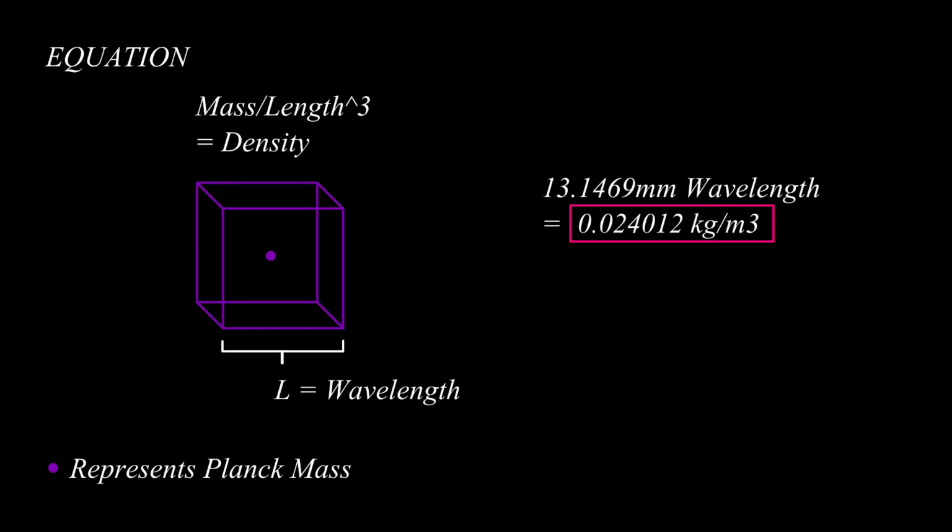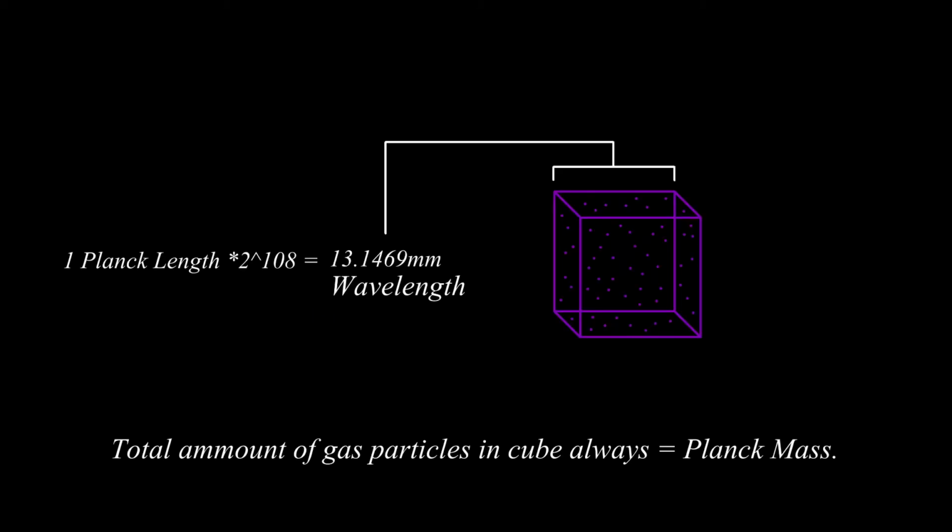In this case, the calculation represents 13.1469 millimeters, which equals a density of 0.024012 kilograms per meter cubed. I'll explain how this is calculated, but quite simply, for that wavelength, that is the actual corresponding density. Moving to the next slide, that length is in fact 1 Planck length times 2 to the power of 108.